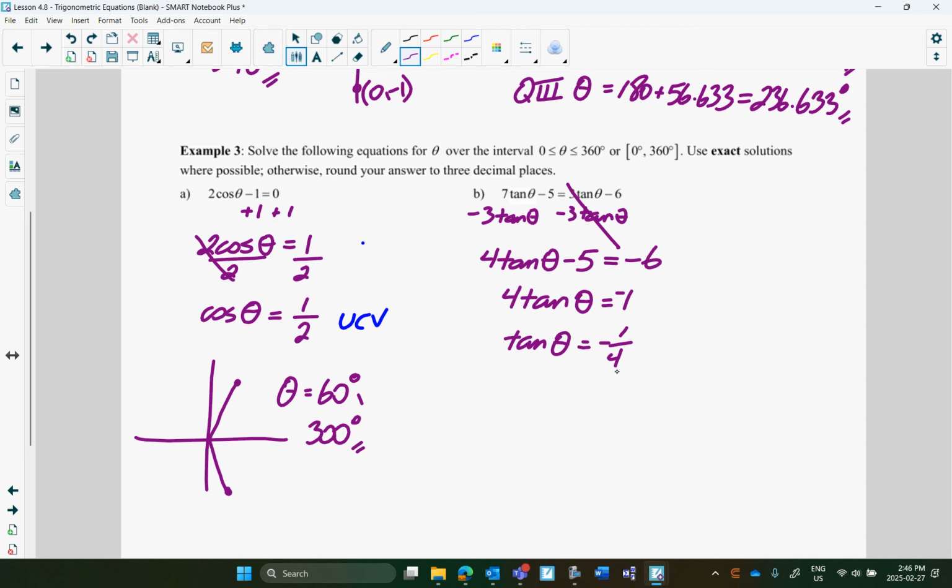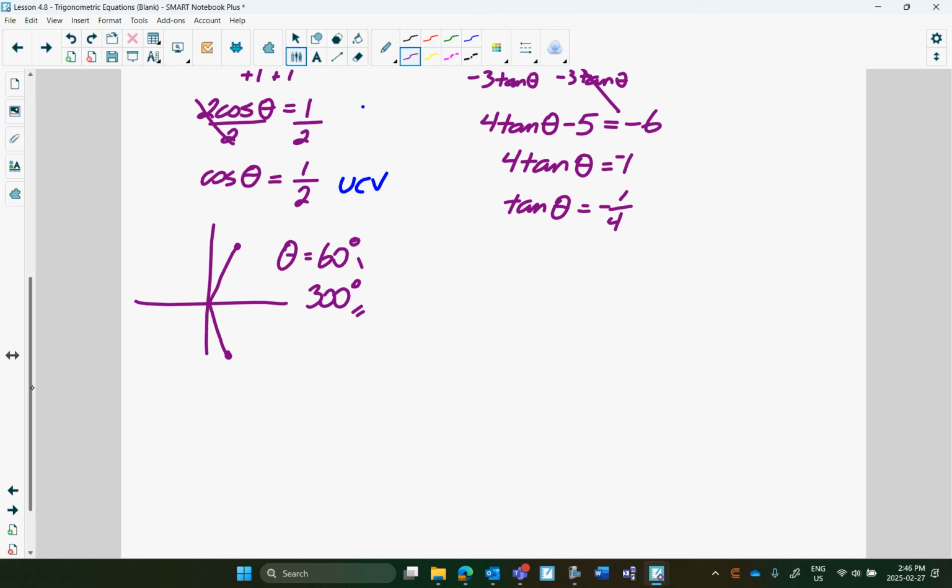But we got to figure out the quadrants first. What quadrants are my answers going to be in? Well, tan is negative. In what quadrants? 2 and 4. Okay.